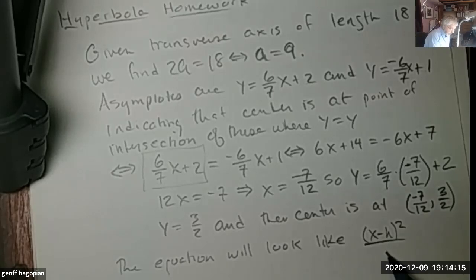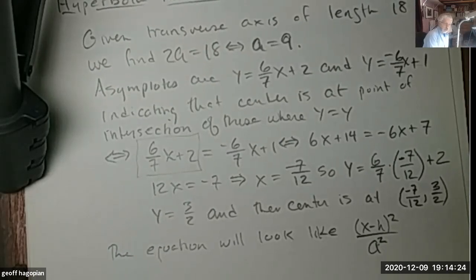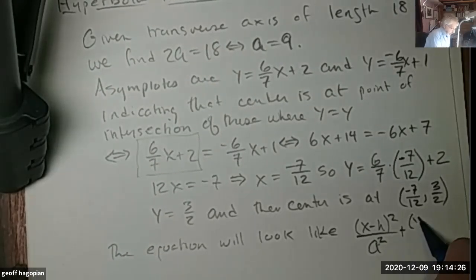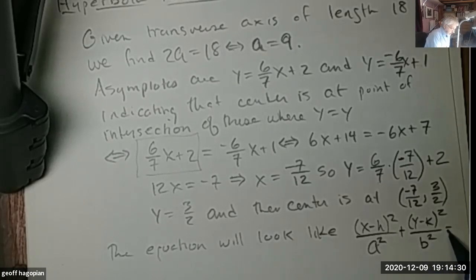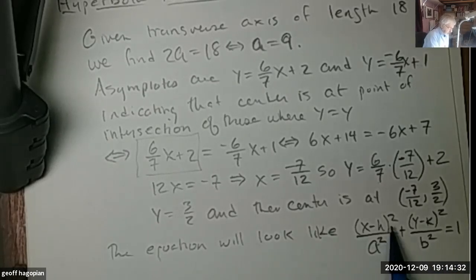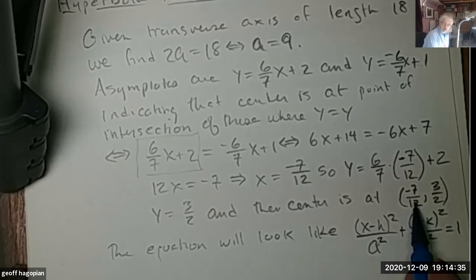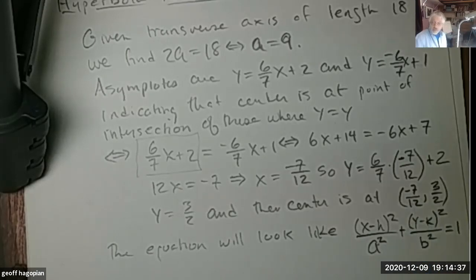Well, in general, it's x minus h squared over a or b depending upon whether the hyperbola has a vertical transverse axis or a horizontal. Let's assume that it's horizontal. So that a goes with x, and y minus k squared over b squared, and that's got to be 1, right? So we know h and k are negative 7/12 and 3/2, right?